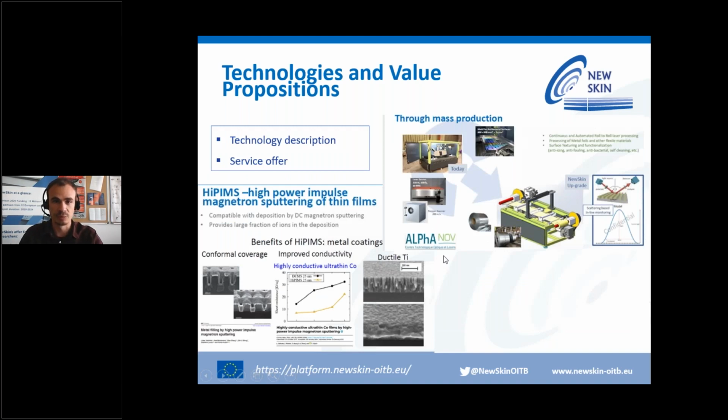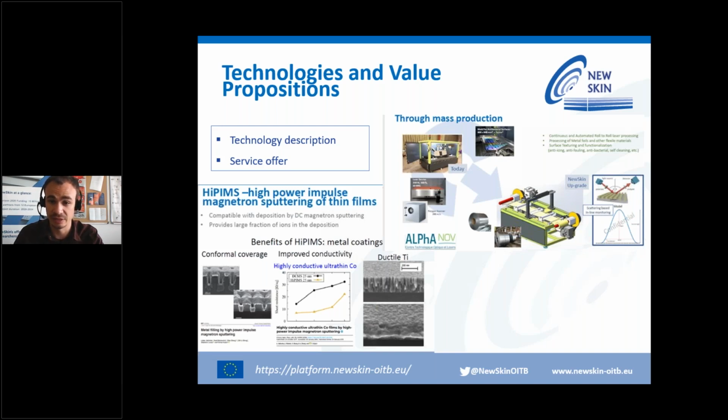So here you have some examples of what you can find in the PDF available in the value propositions on the platform. On the right side, for instance, you have the upscaling facilities of Alphanov. Alphanov is an RTO based in Bordeaux, specialized in laser technologies, and they are using their femtosecond laser to texture metal foils in the framework of the NewSkin project to obtain certain effects such as anti-icing and anti-fouling effects.